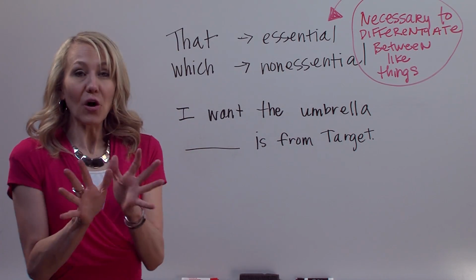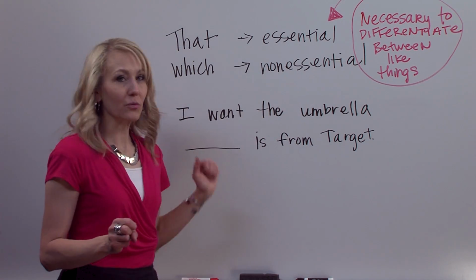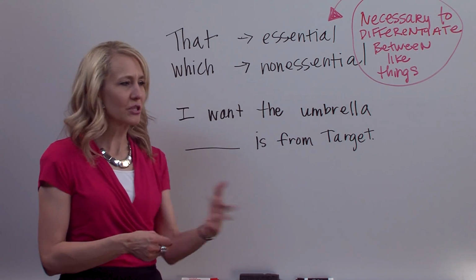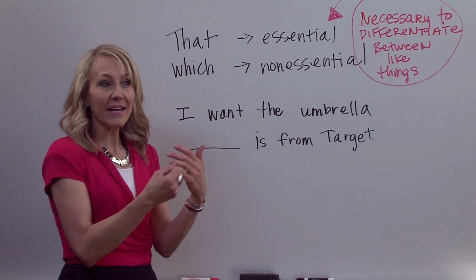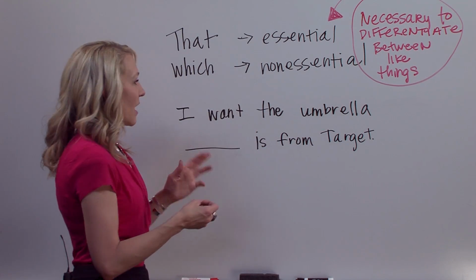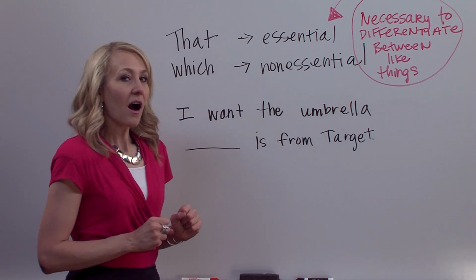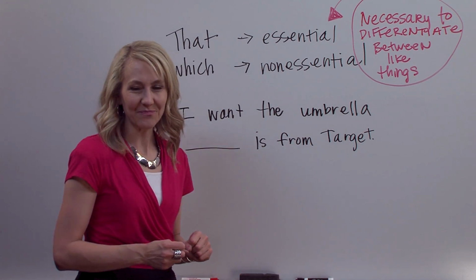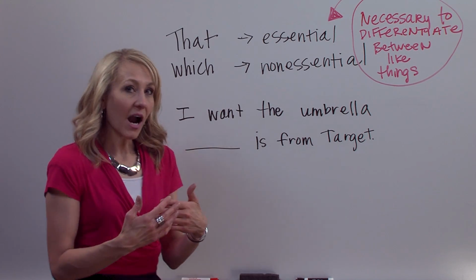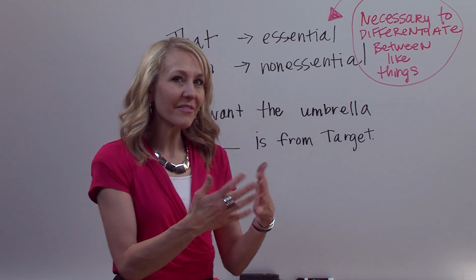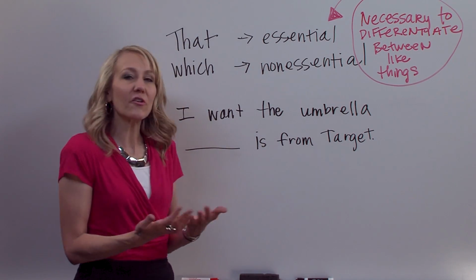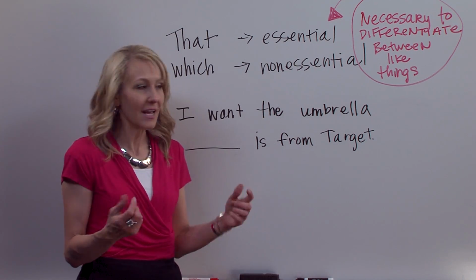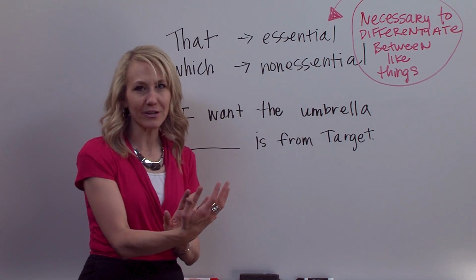Okay, so in this sentence, I want the umbrella. I'm heading out of the house, I'm off to my business meeting, and I say to my roommate, I want the umbrella, that or which is on the table. Well, the odds are that there are multiple umbrellas, that there could be even two potentially umbrellas, because umbrella is a pretty generic term.